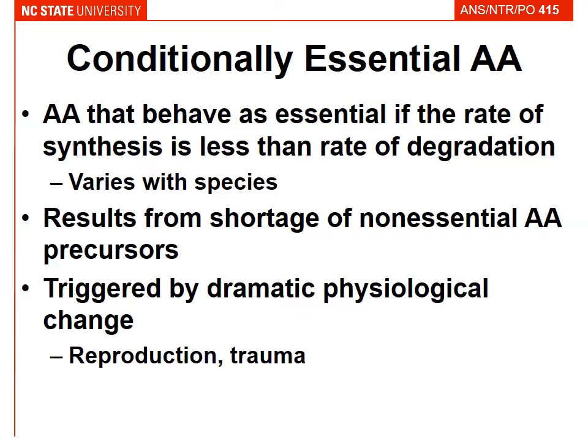When it becomes pregnant, when it starts making milk, when it starts laying eggs, that's when you're going to start seeing this change, because there's an added requirement. So reproduction is one of the main triggers. In addition, any trauma that occurs. So, specifically, if we're referring to surgery, surgeries are going to result in major physiological change, and therefore we need to pull our resources, and that's going to make some of these non-essential amino acids become essential.